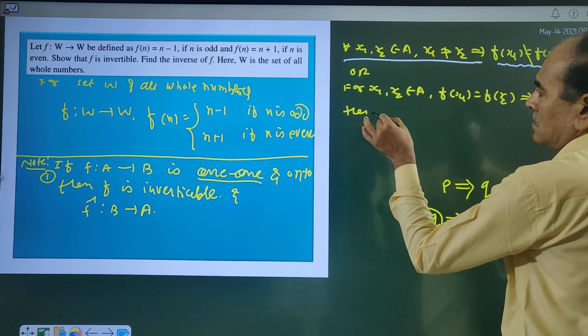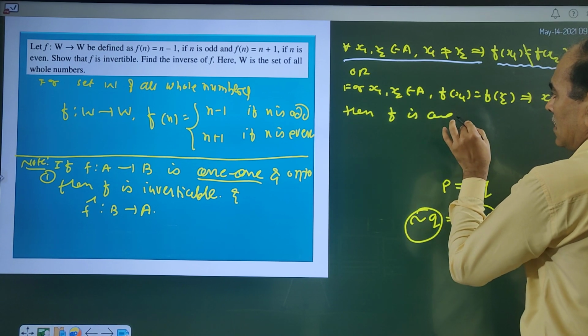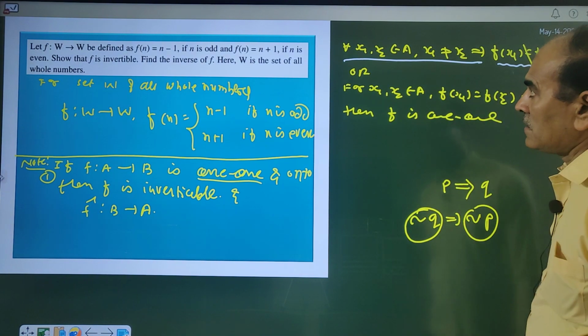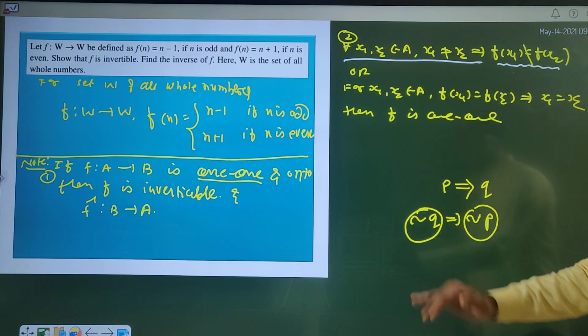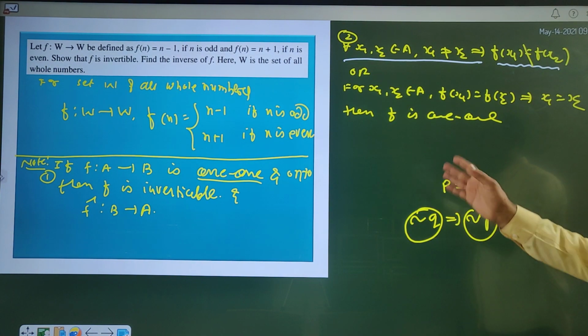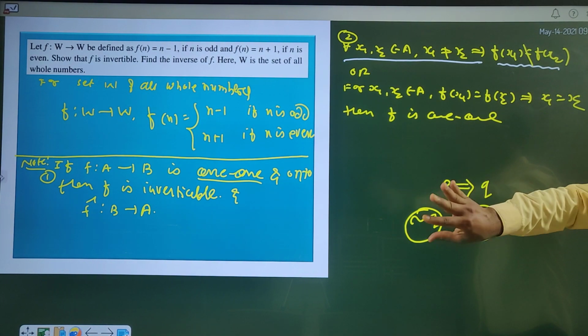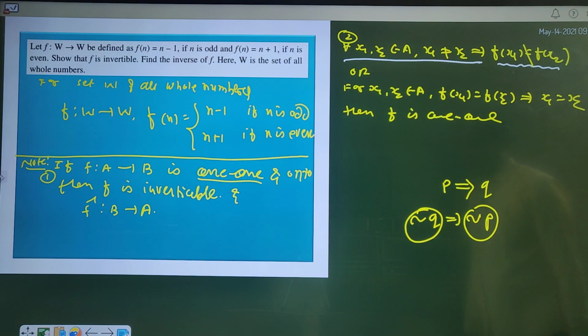Then f is one-one. That we know. This is the second note. Why are we recalling this? Because then it is easy to identify how to solve the given sum.